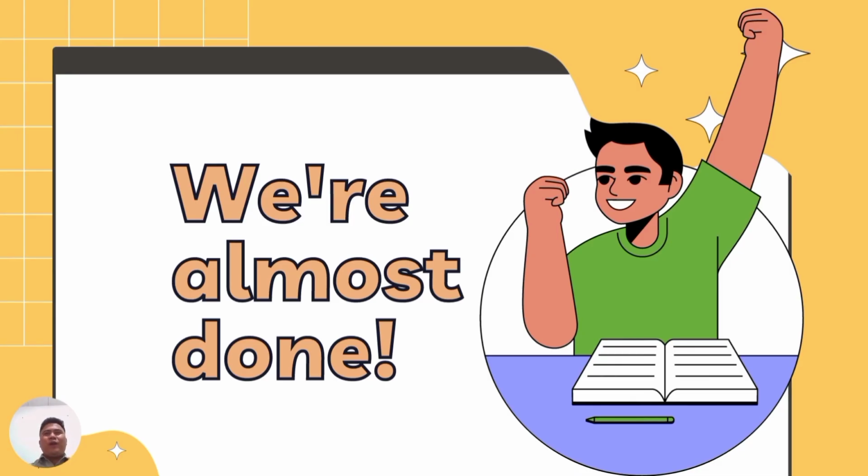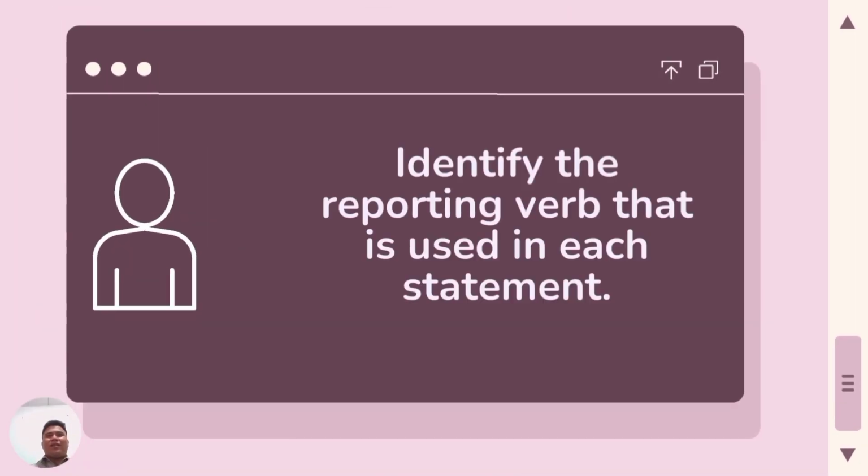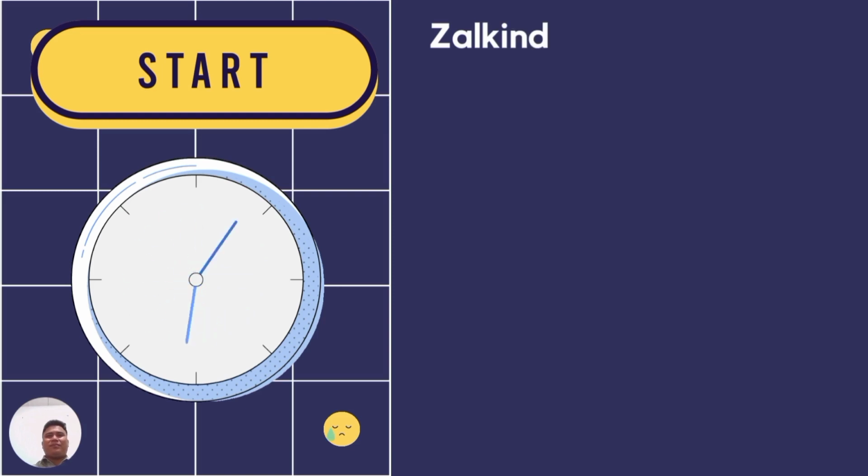Now that we are all equipped in formulating our review of related literature, it is the time to assess whether you fully understood our lesson for this day. I want you to identify the reporting verb that is used in each statement. Here are some statements that may be included in your review of related literature. Identify those reporting verbs.